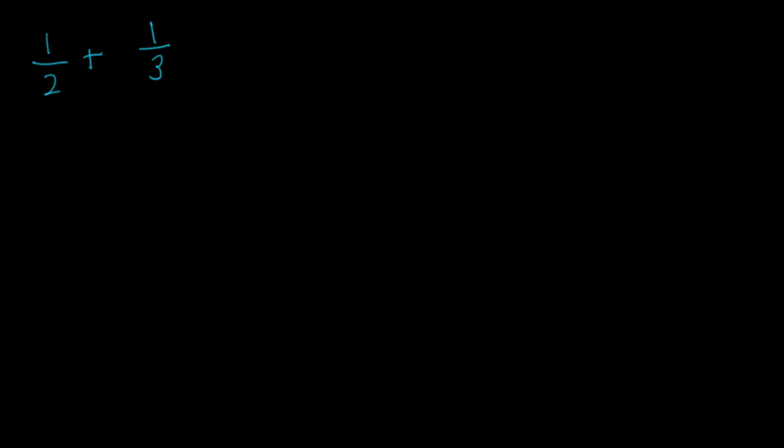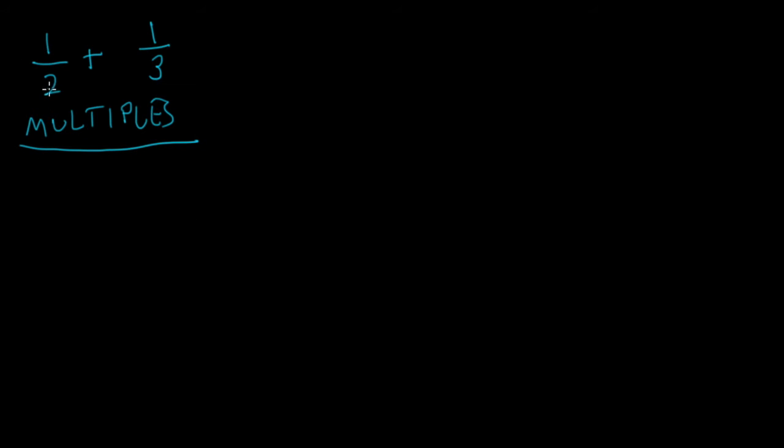So what we have to do in this case is find what's called the least common denominator, or you may have heard in class this called the least common multiple. Multiples are just when you basically skip count.